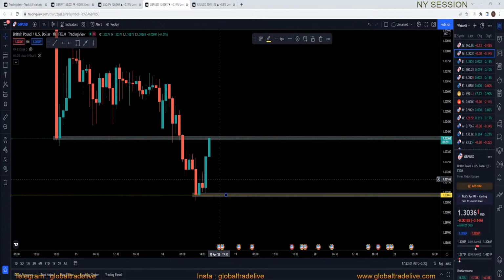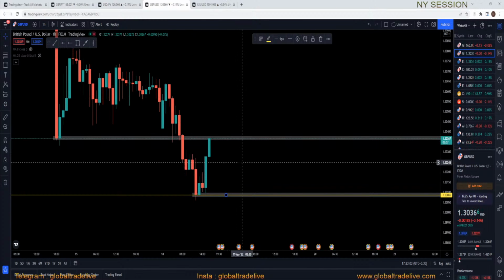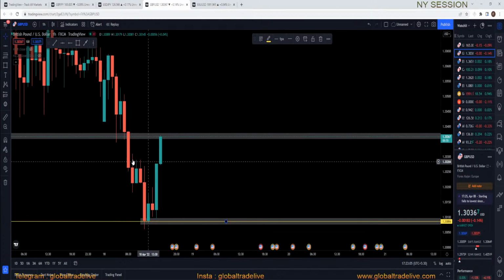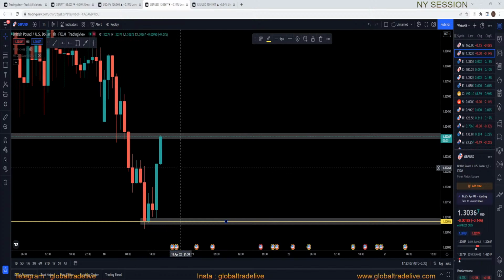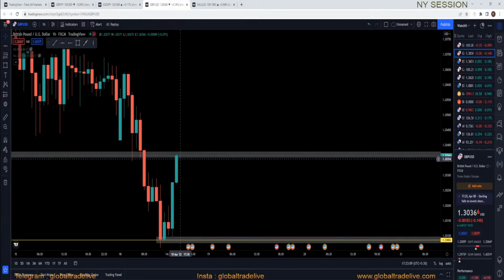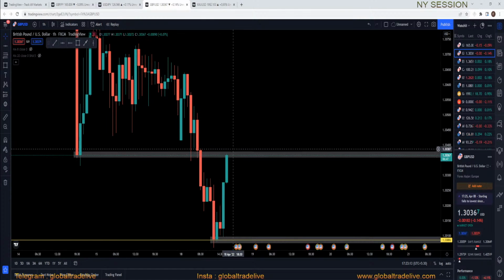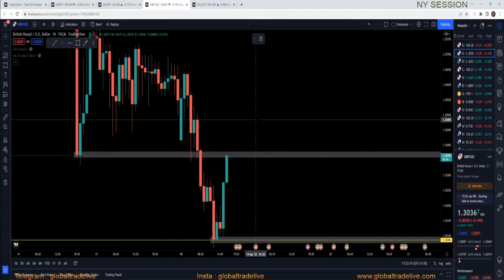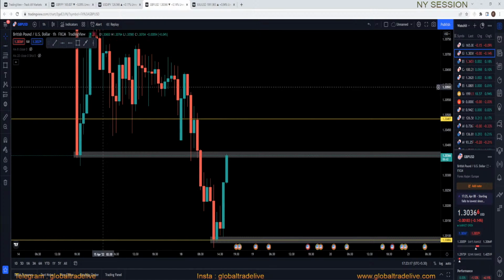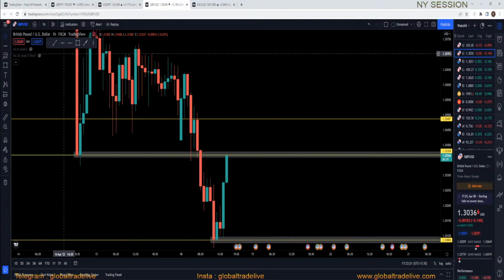This is the recent level of support. And if you talk about the resistance over here, then this was the recent level of resistance, but now the market has crossed that area, so I'm not gonna mark that area, and I'm just gonna mark this area over here.